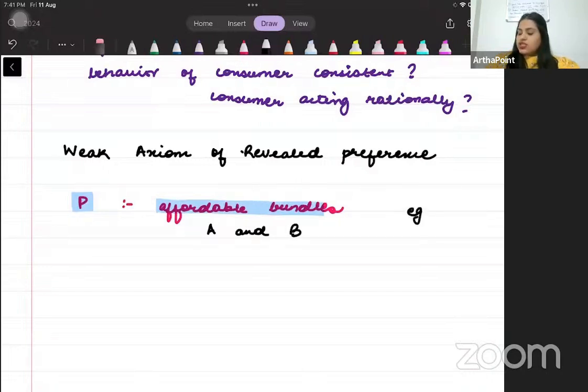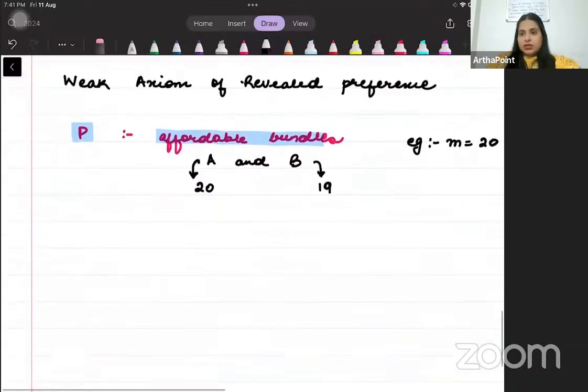Example le lo. Say my income is 20, and suppose A costs 20. A pe agar kharcha karte hain sara to 20 rupees kharch hote hain. And B costs 19. That means both of them are affordable bundles.